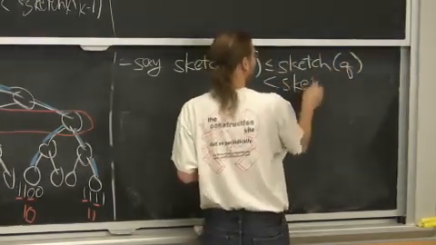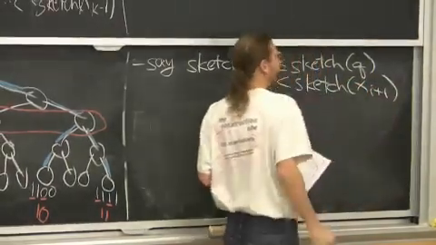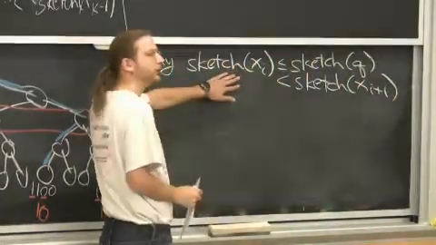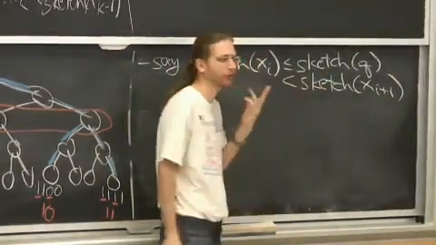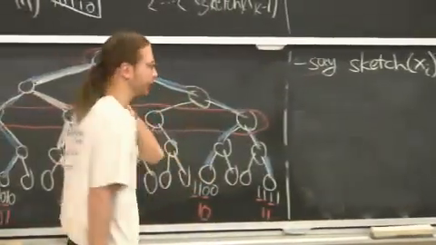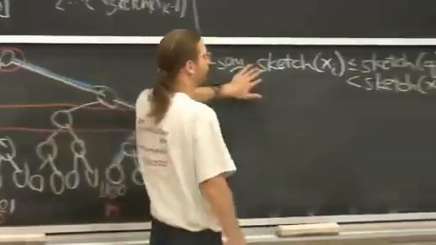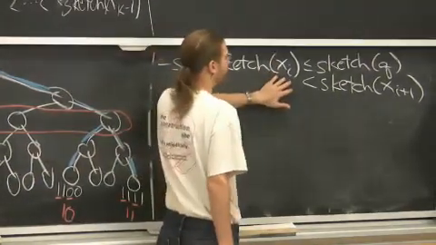And so sketch of q is sandwiched between sketch of xi and sketch of xi plus 1. First of all, we're assuming I can compute this in constant time. I can find where sketch of q fits among these guys, because it just fits in 2 words. And for now, let's just assume all operations on a constant number of words are constant time. We will see how to do this. This is parallel comparison.